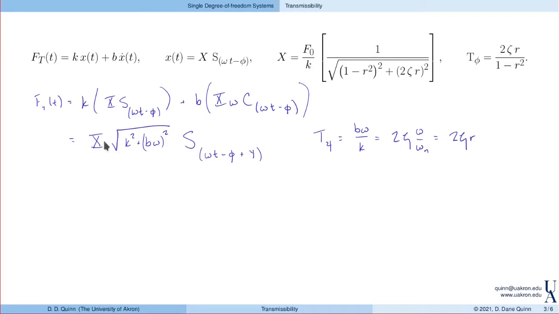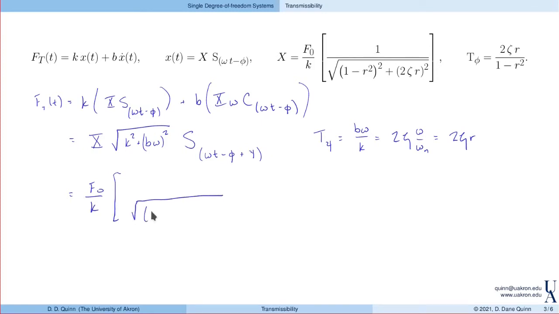So again, if you want to pause this and work this out, please do so. But now what I really want is to write this in terms of the applied load, right? So we'll take the amplitude and introduce it into this expression, right? So we have x, so this becomes F naught divided by k times, well, all of this stuff.